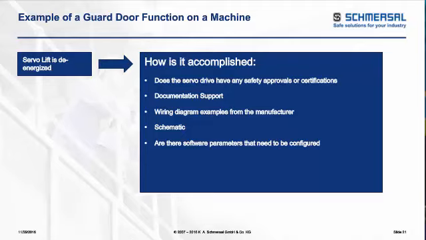And with safety-related drives, there could be software parameters that enter that safe condition as well that you need to take into consideration. But like the robot controller, there are a lot of existing machines out there that may have servos or standard AC drives that do not have safety approvals with safe torque off. So what can you do?